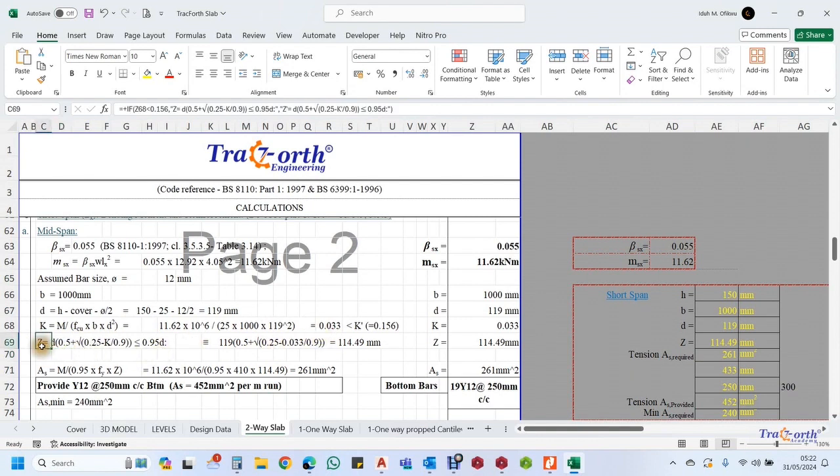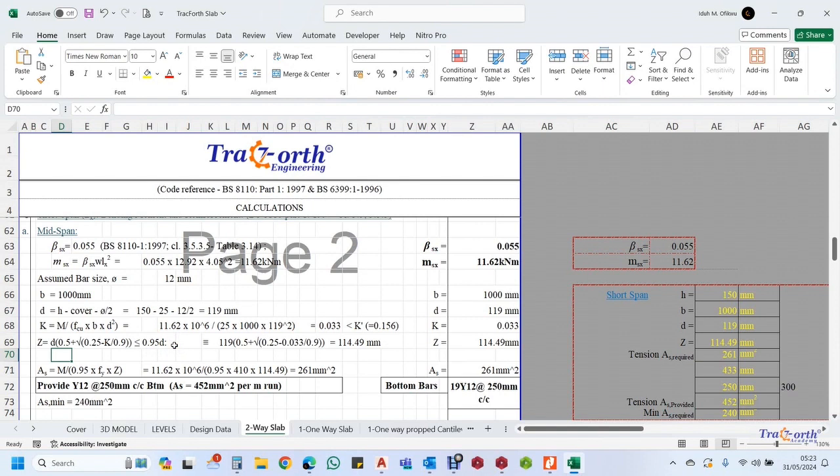The formula here is your effective depth, which you have calculated, multiplied by 0.5 plus the square root of 0.25 minus K over 0.9, which must also be less than or equal to 0.95D. Some may even go straight to select the maximum lever arm value and use 0.95D, meaning they multiply the depth by 0.95.